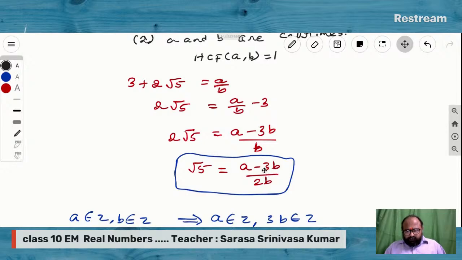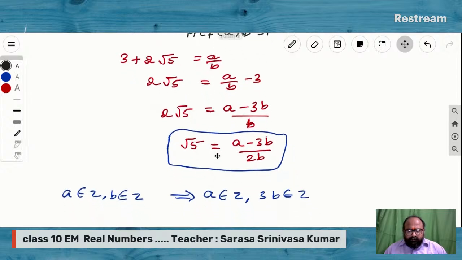If we prove that the right hand side term a minus 3b by 2b is a rational number, then we get that square root of 5 is a rational number. But it is not the case. Square root of 5 is an irrational number. We got this contradiction just because of our wrong assumption.